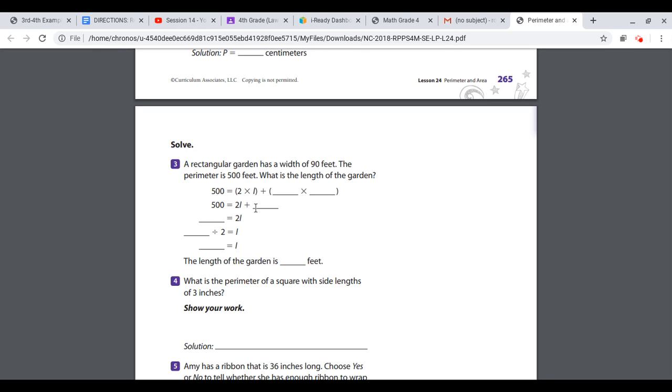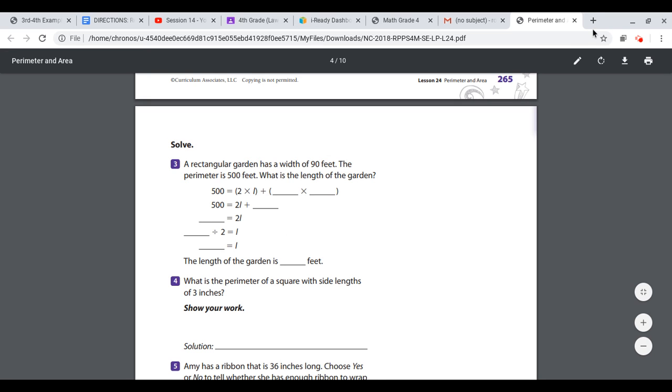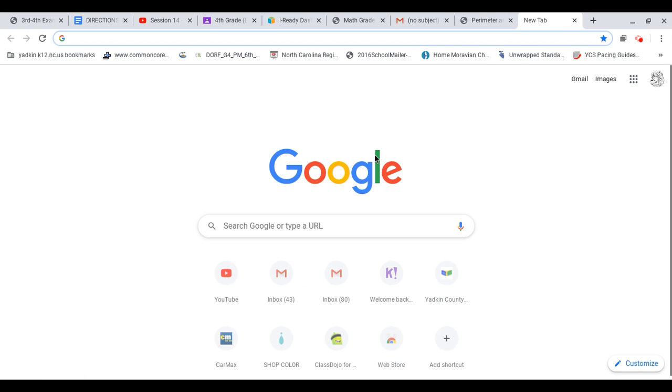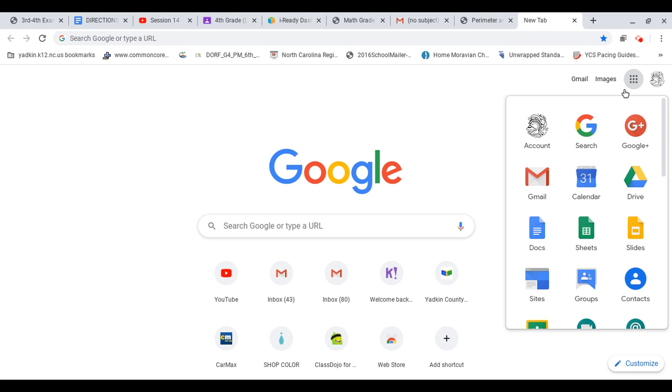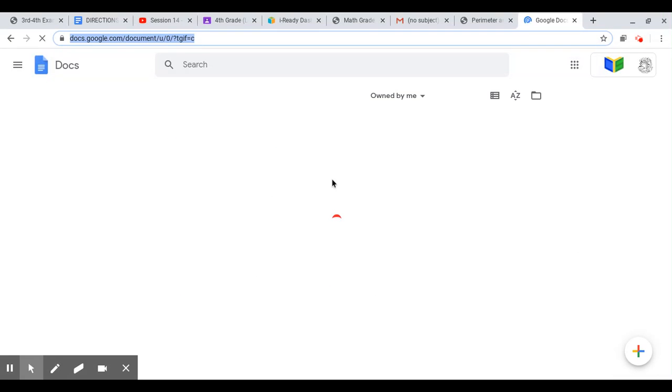Okay, we know that the widths make 180. So whatever is left over, 180 plus blank equals 500. So what you're going to have to do is 500 minus 180 to figure out what the length is. Okay, and that answer goes here. See, it left out a blank. Whoops. Not there.